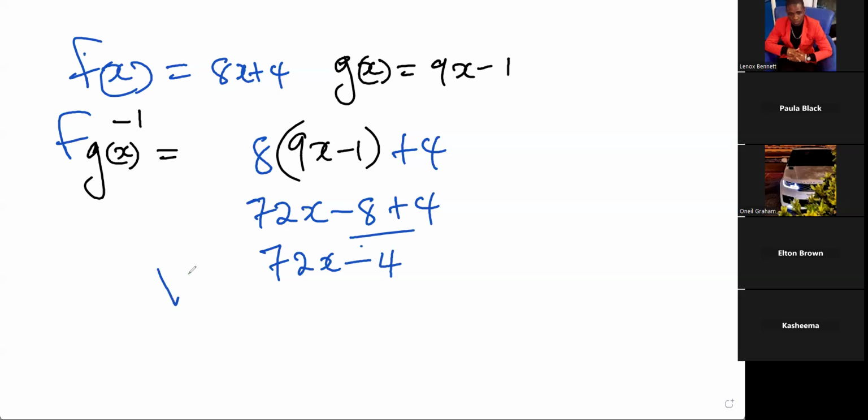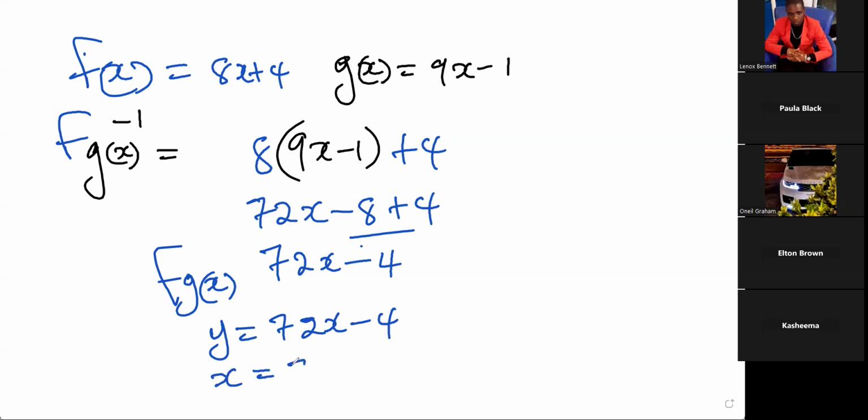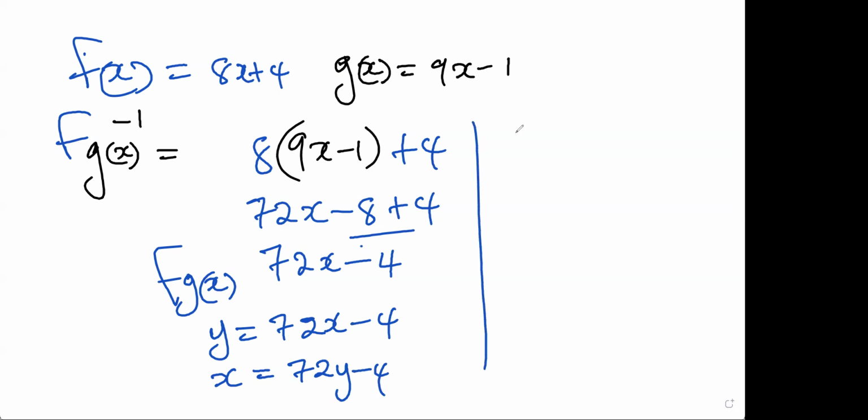So all we need to do now is find the inverse. So we can change the function to y, interchange x for y and y for x. And the final step, solve for y. Thus rewrite it. So the first order of the day, get rid of the minus 4.